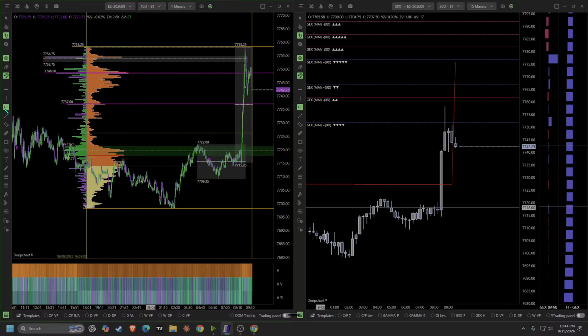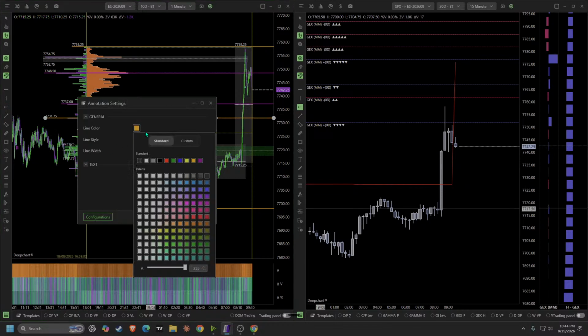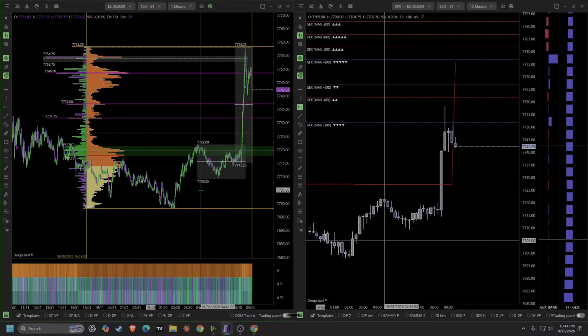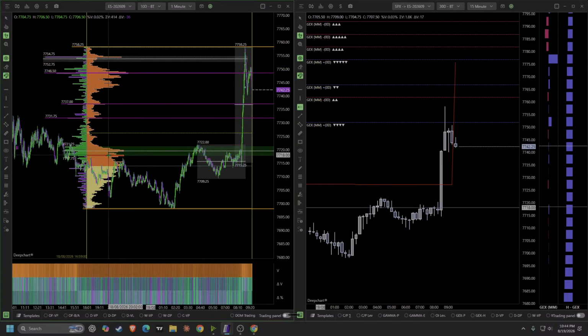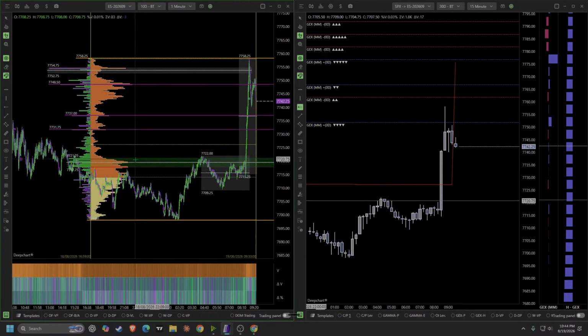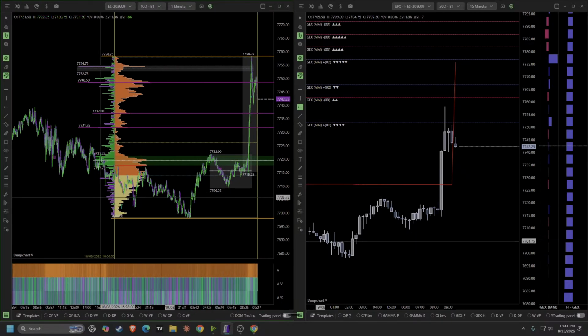Preparation is probably 75% of the work. We had buyers step in here, then we had another. Tried to drop in here. So that's where selling interest is, and this is where buying interest is. This range is actually a little bigger, but I think we can go with that.